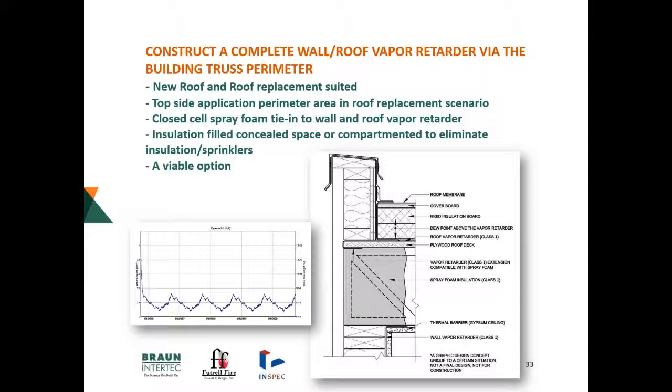Inside that truss space, that concealed space, you're now free to do a couple of different options. You can fill it up with fiberglass or cellulose. If you don't want to sprinkle it, you can compartmentalize to eliminate the sprinkler system and the insulation. And Scott will talk more about compartmentalization as he talks about his part of the presentation.